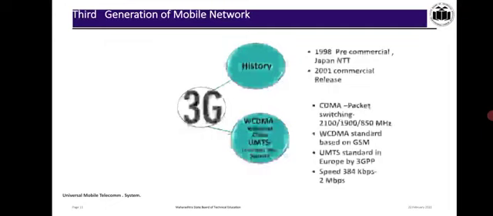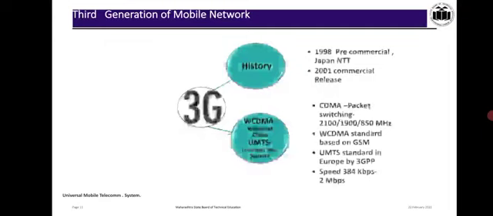It operates at a frequency of 2100 MHz and is used for high-speed internet services as well as video chatting. The technology used is CDMA, code division multiple access, with packet switching. The 3G mobile system was called UMTS, the Universal Mobile Telecommunication System, in Europe, and WCDMA is the air interface technology for UMTS.